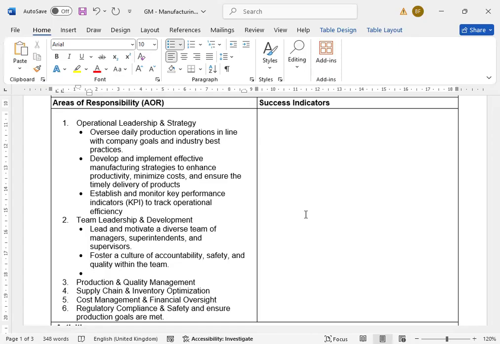The next one would be develop training programs. Remember number two, team leadership and development. This is leadership, and at the same time he will develop all the subordinates working under him, so he will develop training programs for them. He will initiate it.